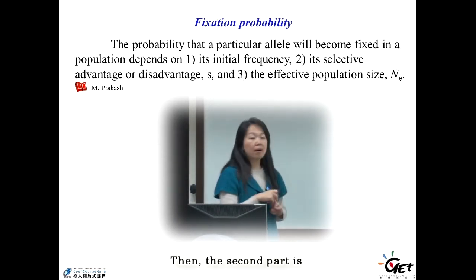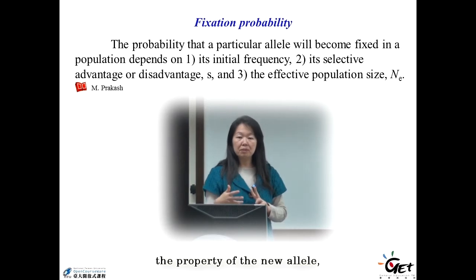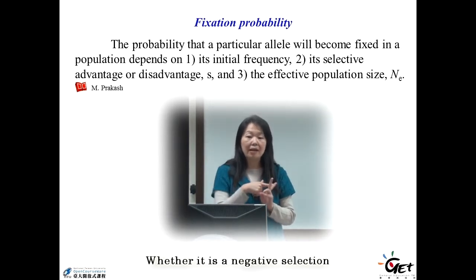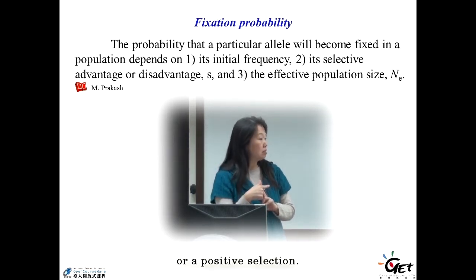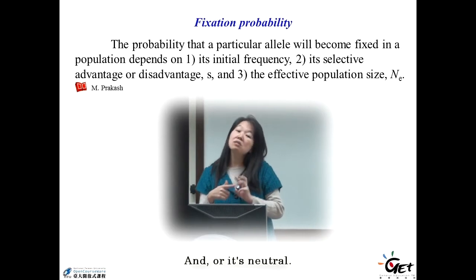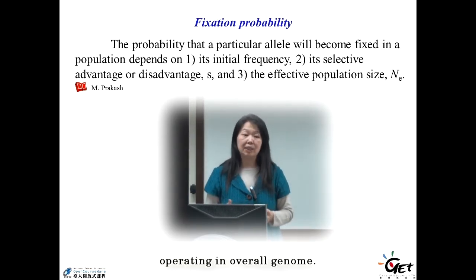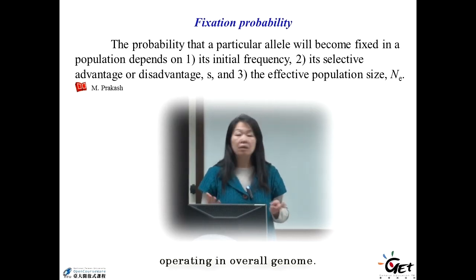Then the second part is the property of the new allele, whether there's selection involved. It could be negative selection, positive selection, or neutral. As I said, natural selection is not operating on the overall genome.